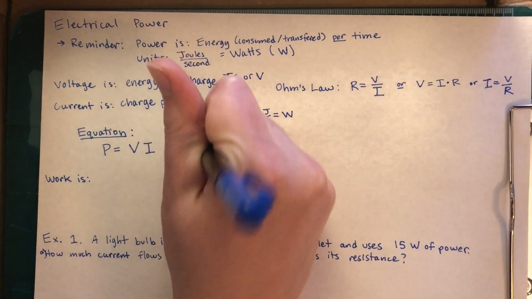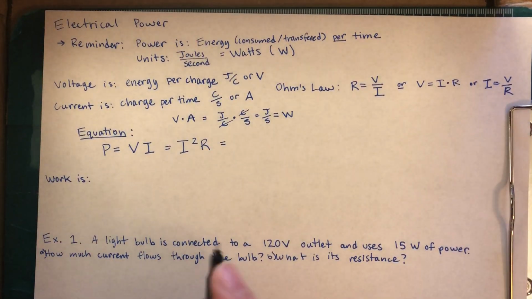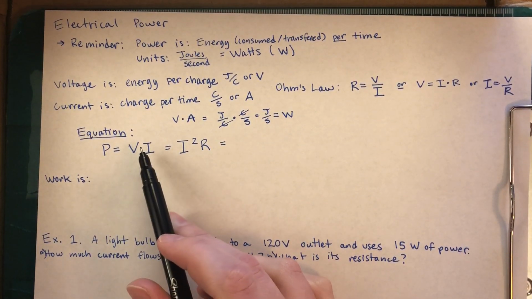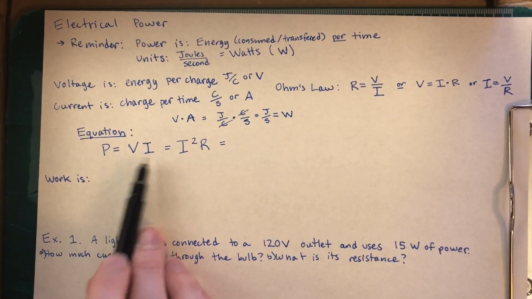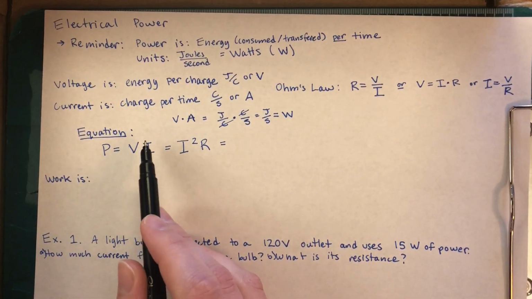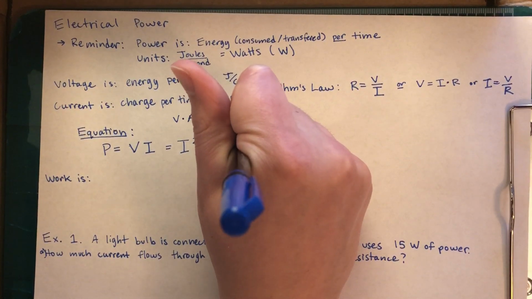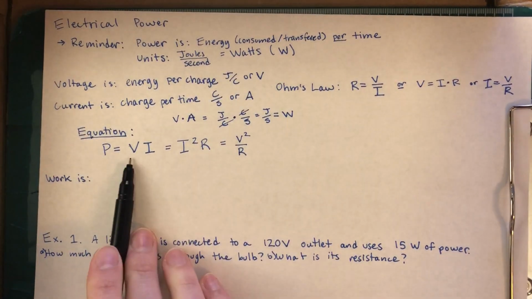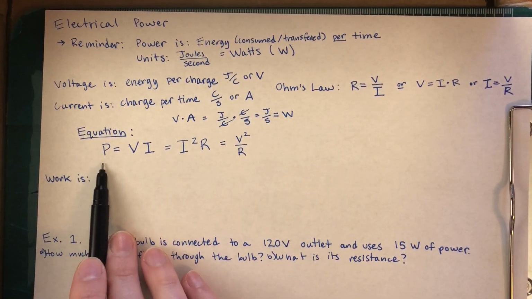That's I squared R. Or if we wanted to get rid of the I, we could keep the V, and then instead of I, we could write V over R. So that would be V times V over R. That would be V squared over R. So any of these three expressions are equal to the power.